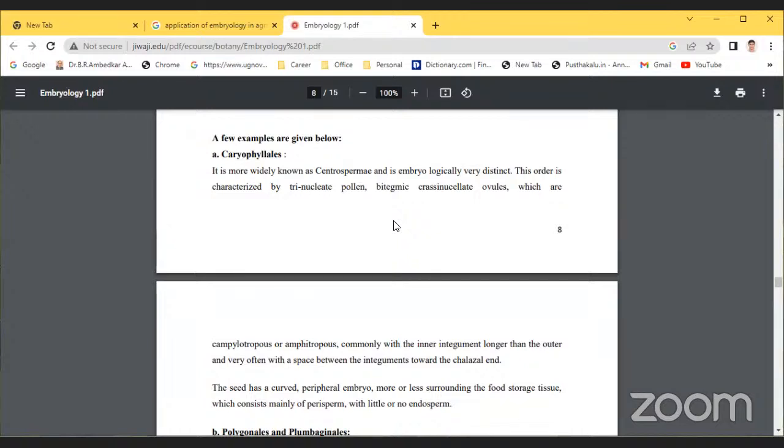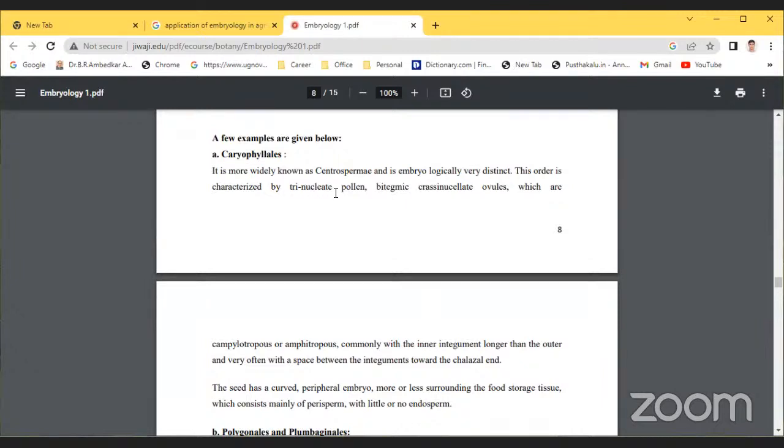Some families are marked out by their embryological features. Here, a few examples: the Caryophyllales, more widely known as the Centrospermae, are embryologically very distinct.